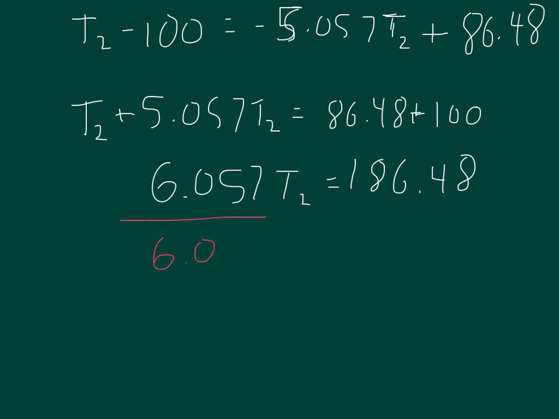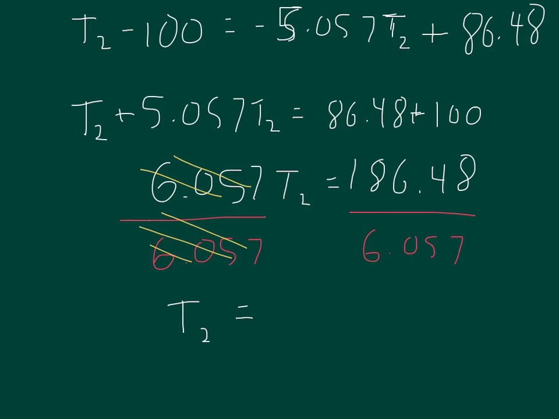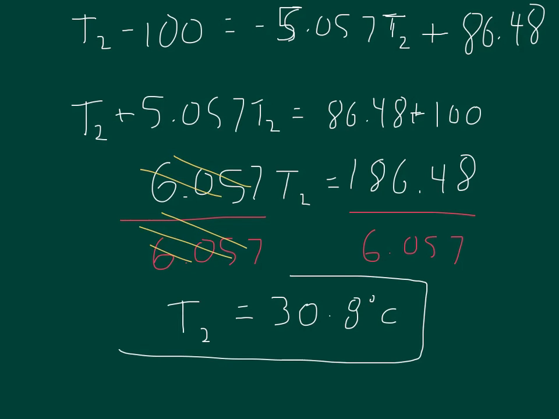And now just some simple math. Divide both sides by the coefficient in front of T2. And this becomes a 1. And we have T2 is 186.48 divided by 6.057, which when rounded gives us 30.8 degrees Celsius. So that's our final answer.